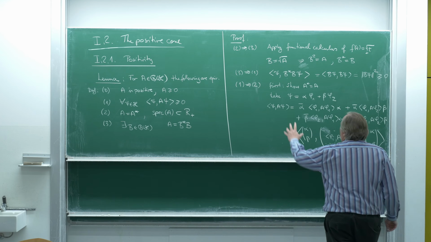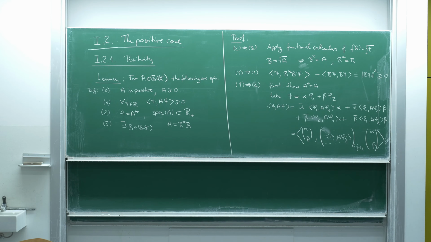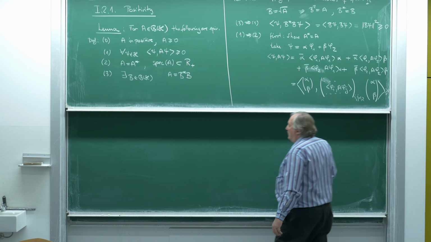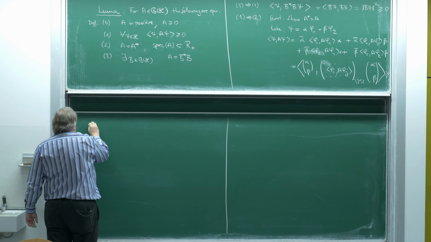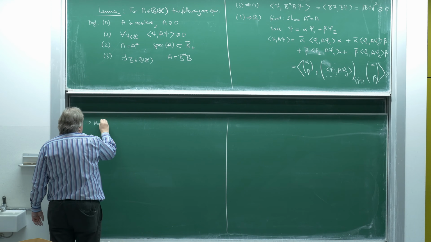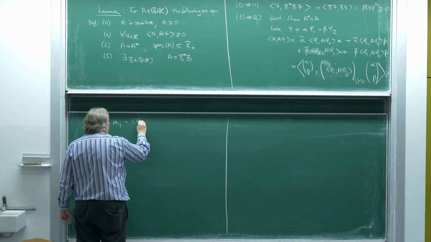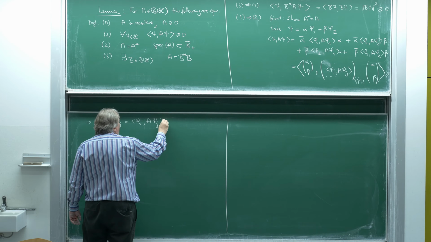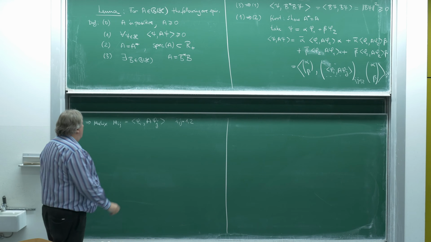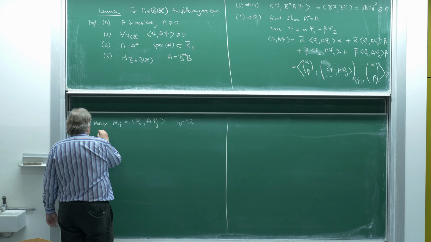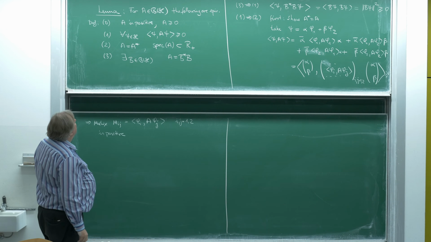So I conclude from, so this is supposed to be positive, right? And alpha and beta are arbitrary coefficients. So this implies that the matrix, call it M ij, phi i A phi j, i, j goes from 1 to 2, is positive in the sense of 1, right?